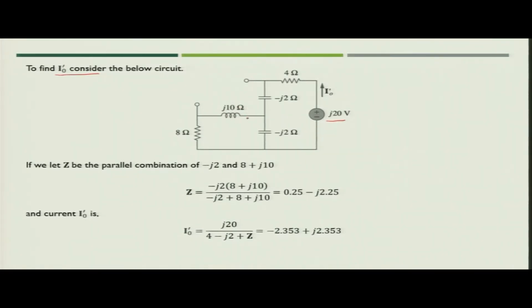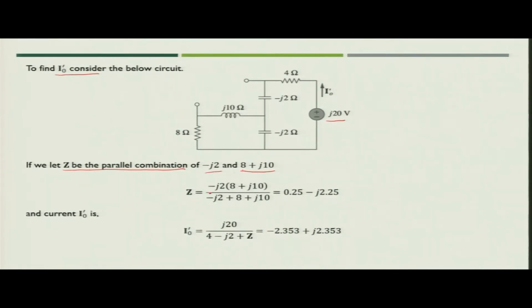Now, what will we do? We will first try to find the total impedance of this particular block. Let Z be the parallel combination of the impedance offered by the capacitance, minus j2 ohm, and the series combination of 8 ohm and j10, which is connected in parallel with this capacitance.